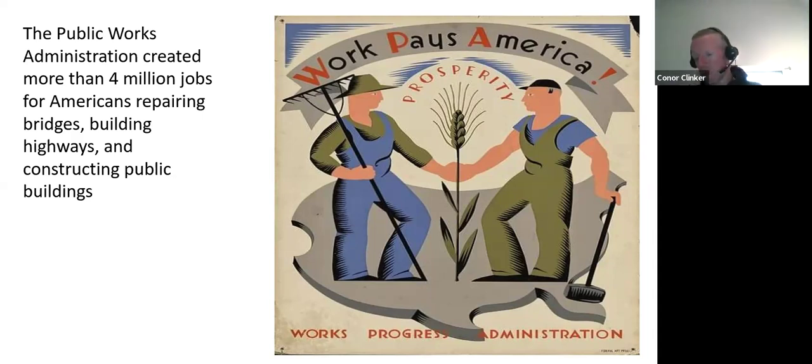building new roads. Now, the conservative critique of these programs is the government can't, quote, create jobs. Because one thing is if you work for the government, where's your paycheck come from? It comes from taxpayers. If the government says to you, we will pay you $30 an hour, and that money comes from someone else, right?